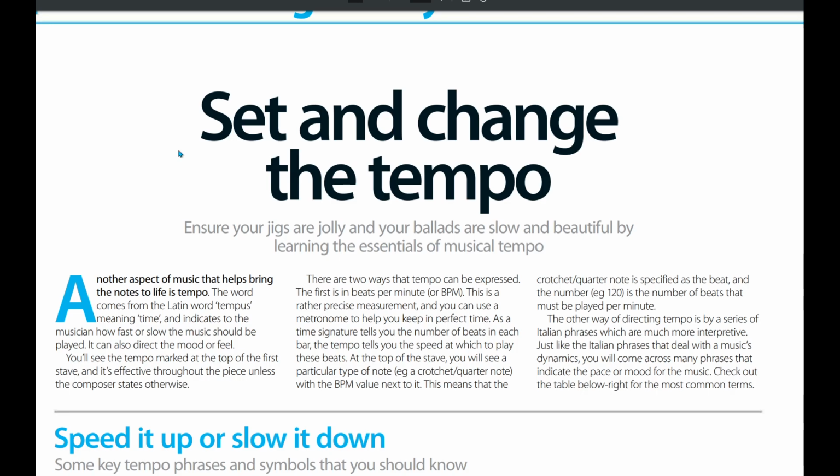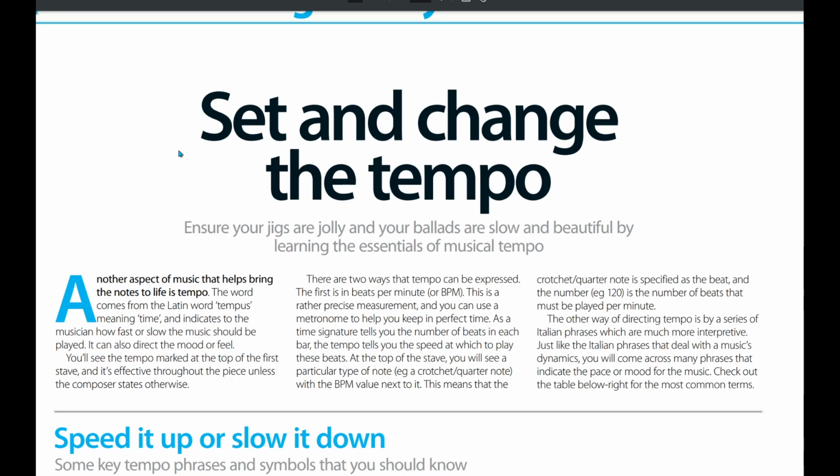You'll see the tempo marked at the top of the first stave, and it's effective throughout the piece unless the composer states otherwise. There are two ways that it can be expressed. The first is in beats per minute.